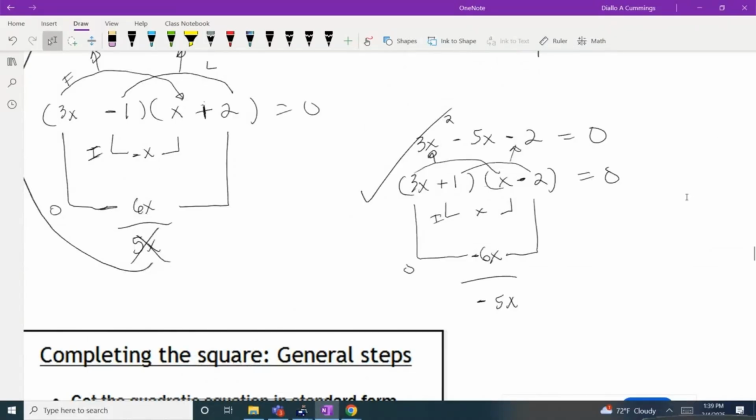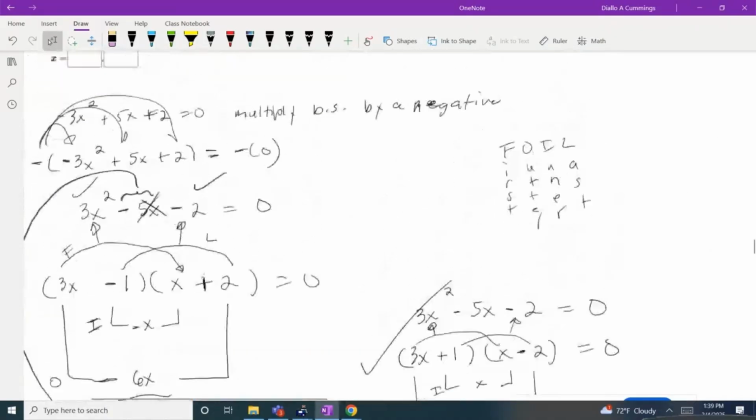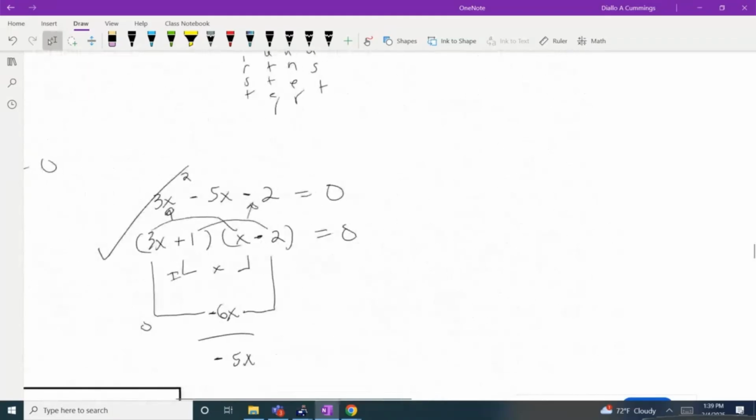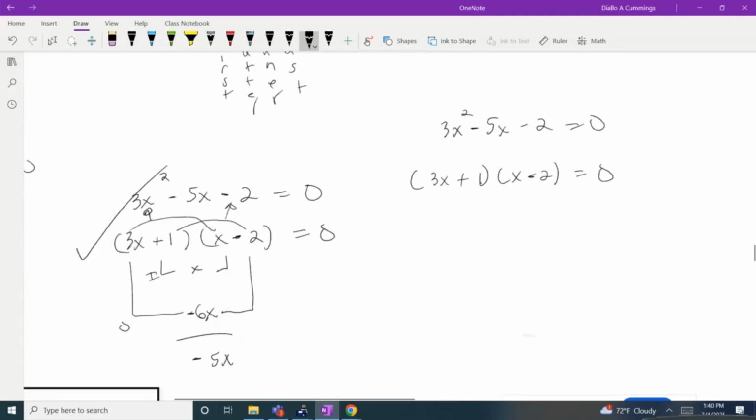All right, so we've taken 3x squared minus 5x minus 2 equal to 0. I'm just going to write it over here. We factor that down to give us 3x plus 1 times x minus 2 equal to 0. So we factored it.